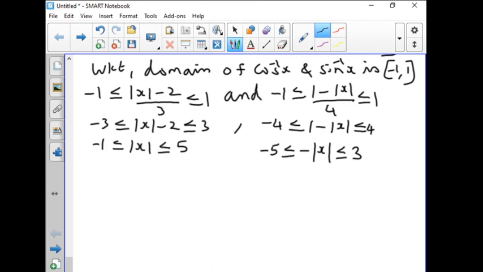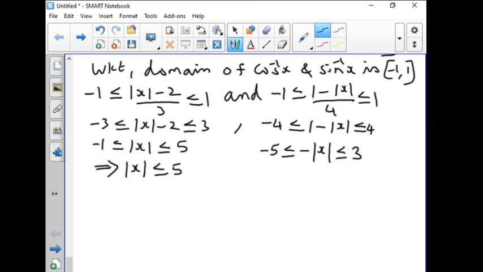So, now here we have minus 1 less than or equal to modulus of x less than or equal to 5. But modulus of x cannot have negative values such as minus 1 and all those. So, from this we have only modulus of x less than or equal to 5.